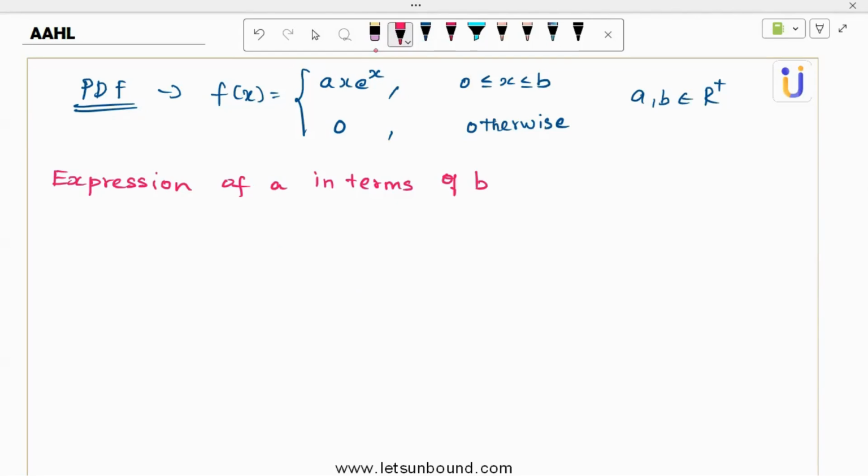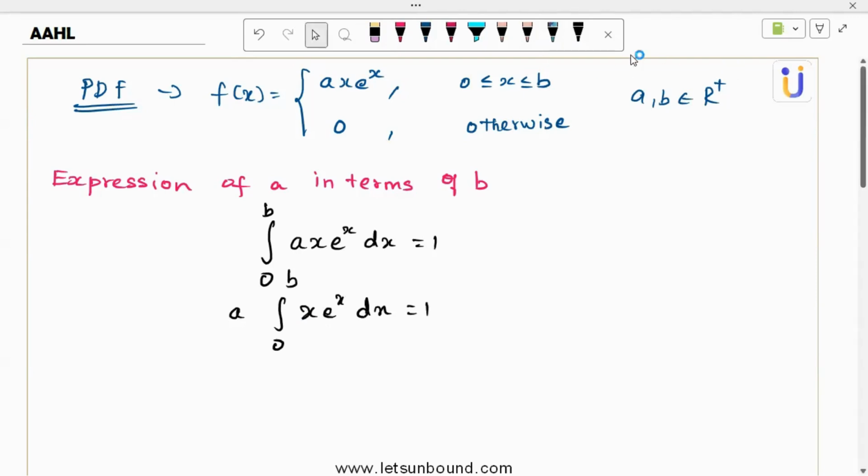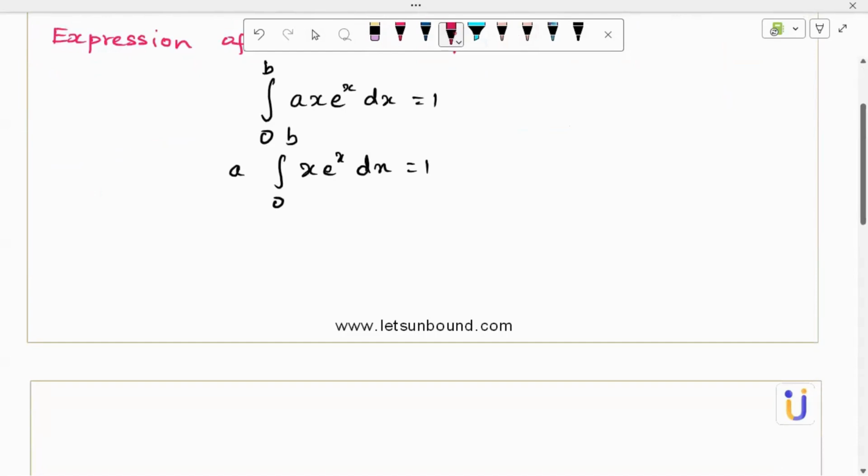Let's apply here. Integral 0 to b of f of x dx, my f of x is a x e power x, dx equal to 1. A is a constant, let me take it out. Integral 0 to b x e power x dx. First, I will think about substitution. It won't work here. So by parts we can do.